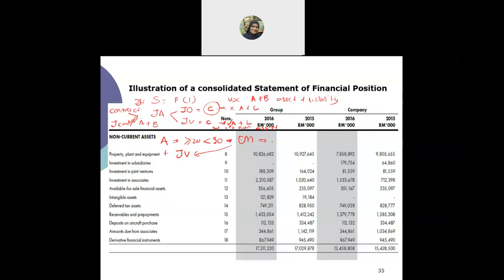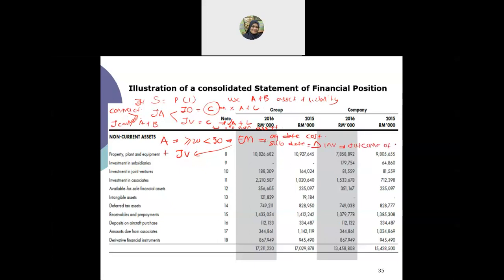For the equity method here, the investment at the acquisition date, we're going to record at cost. Subsequent dates, meaning after the acquisition date, there will be changes in investment due to the outcomes of the associate.